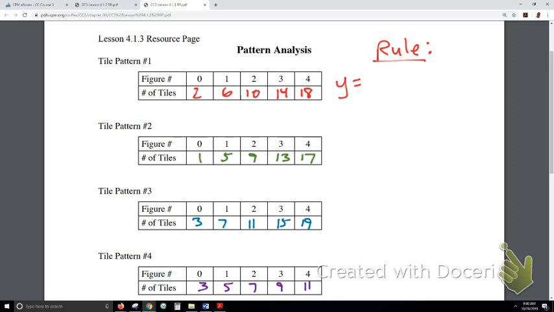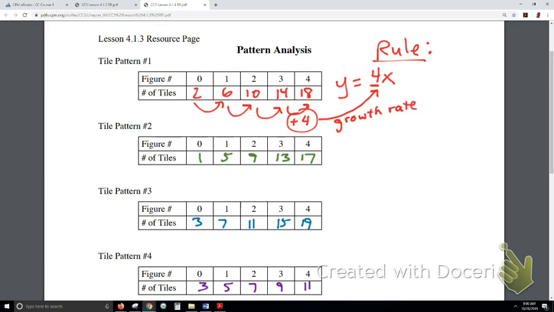We talked about it yesterday, how many tiles are being added every single time, and we discussed that this is going to be adding a 4. Hopefully by now, you and your group discussed, as we did yesterday, that this 4 is the growth rate. This is how much it's growing every single time, okay?